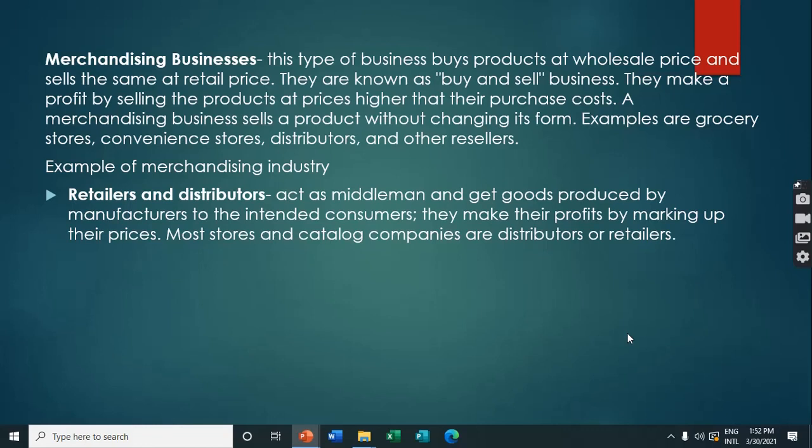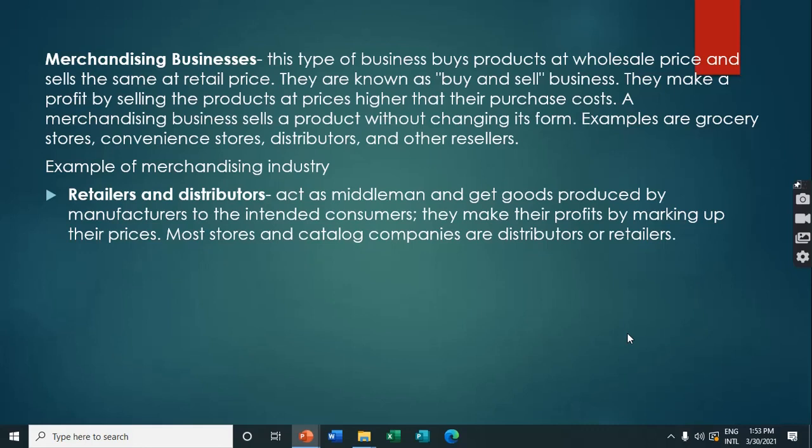Now, let's go to number 2, merchandising businesses. What does merchandising business mean? This type of business buys products at wholesale price and sells the same at a retail price. They are known as our buy and sell business.